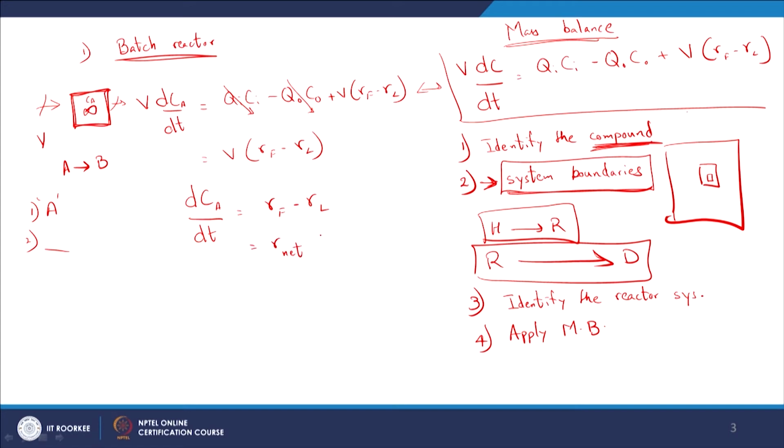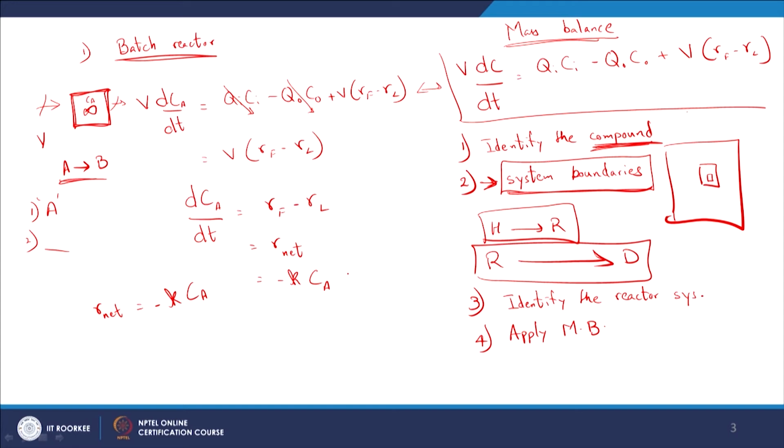In this case, with the background that we have, what is R net equal to? A is only being lost, so that's equal to minus k times the concentration of A. And so I can now solve for the relevant equation.